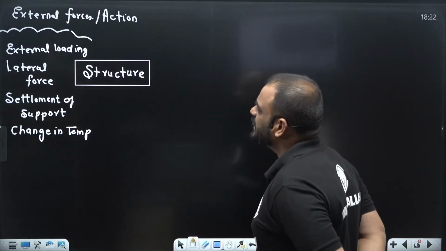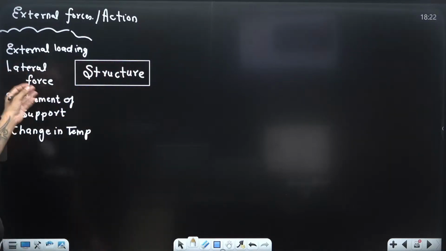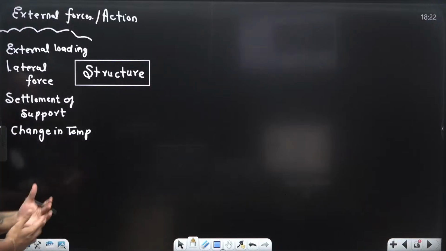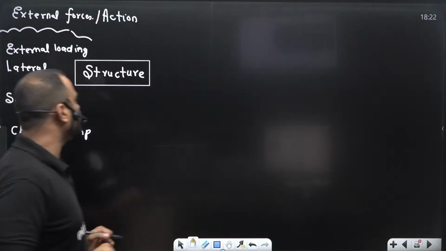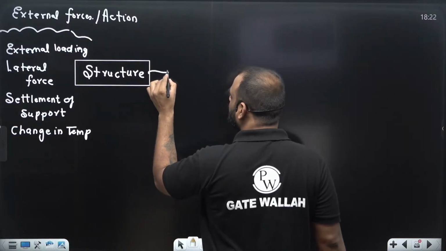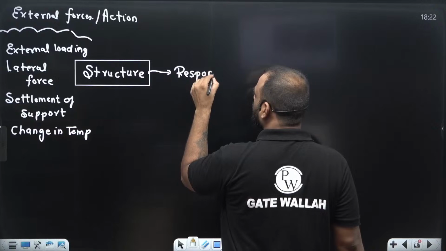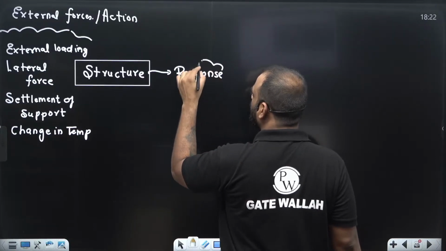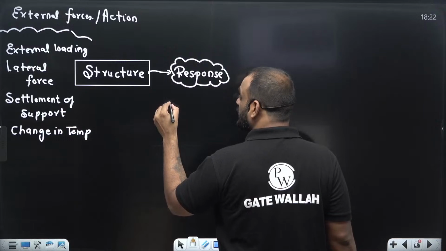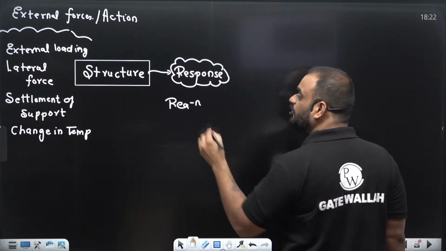Okay, so guys, if you have any kind of action applied on a structure, whether it is external loading, lateral forces, settlement of support, change in temperature, or any other thing, what will happen? This structure is trying to respond. It will generate some response. Now sir, this particular response in terms of what? This response is in terms of reaction.